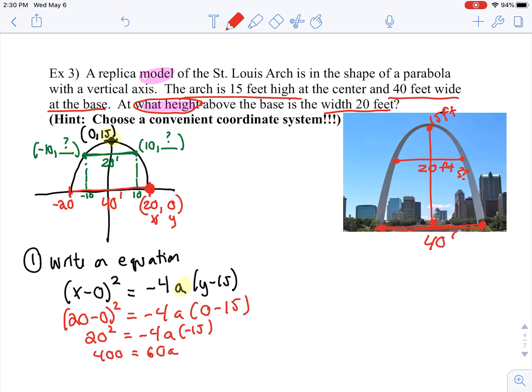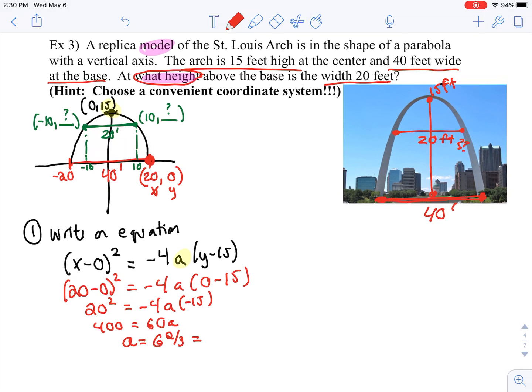20 squared is 400 equals 60a. And if I divide 400 by 60, I get about 6.6 repeating. So my a value is actually 6 2/3, and just for simplicity's sake, as an improper fraction, that is 20/3.